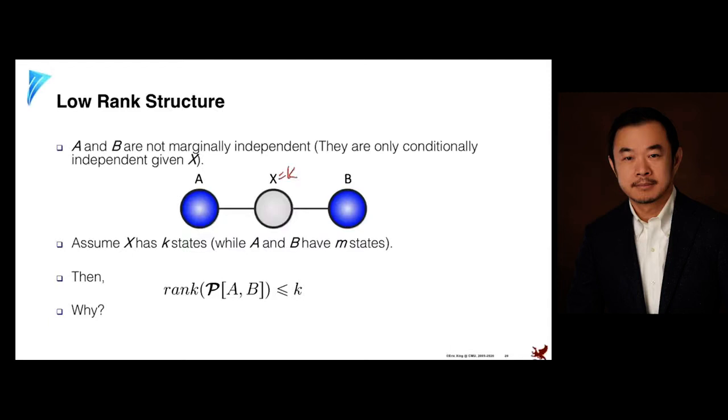It turns out that a rank k table of the joint of A and B corresponds to this graphical model, where the latent variable can explicitly capture the rank of that matrix. In fact, you can also prove to yourself that the rank of the joint probability matrix of A and B is going to be smaller or equal to k if the latent variable connected in this way has k states. So how is that proven?